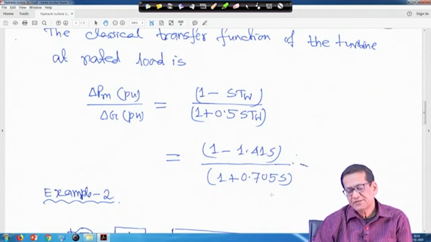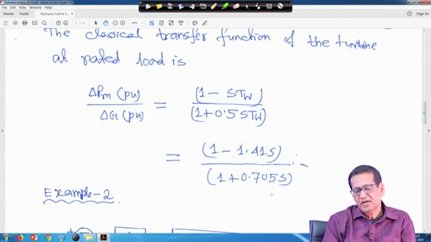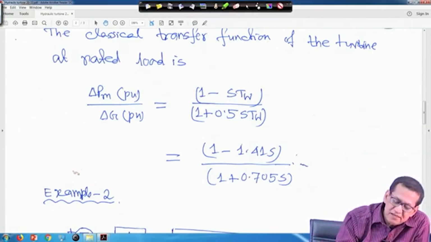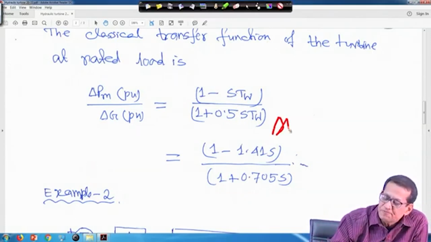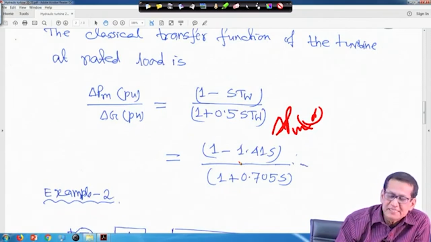In this case, if you try to find the initial value of delta PM 0 for a step input, it will be the limit as S tends to infinity, that is t tends to 0. S will be cancelled, as we have seen before, and only this term will be left.